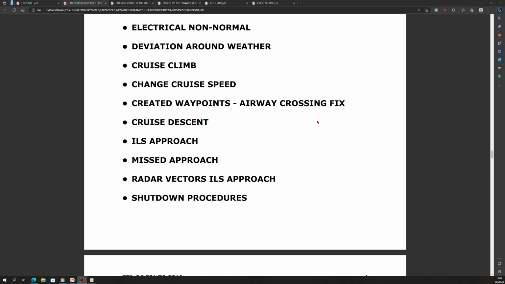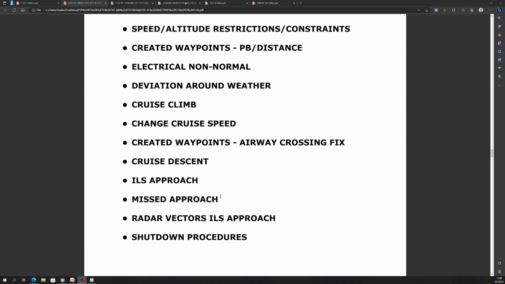We'll create one of those. And then a cruise descent, which we did last week as well. And then in for the ILS approach. But in this case, we're not going to see anything at minimum, so we'll do a missed approach, and then we come back around for radar vectors for the ILS approach to an autoland, and then shutdown procedures.